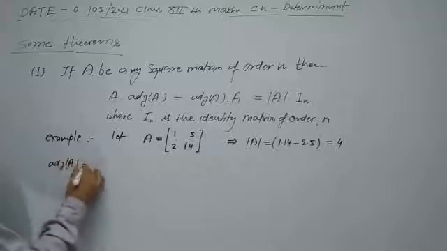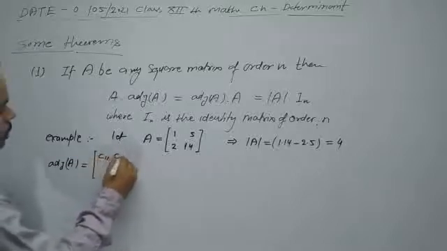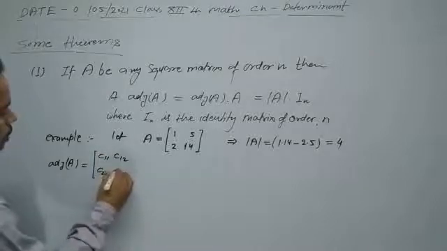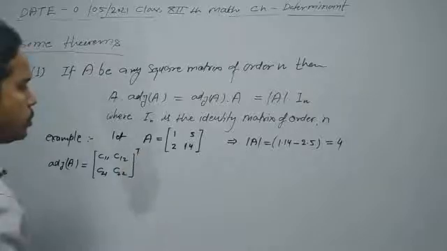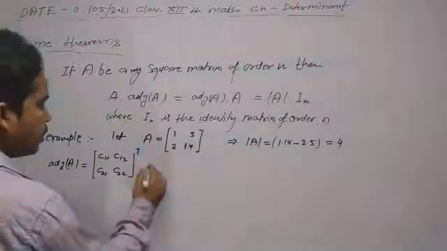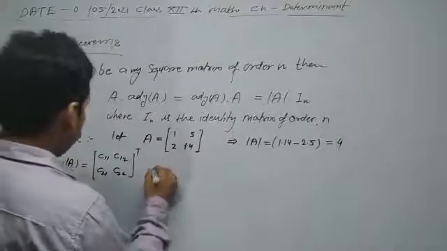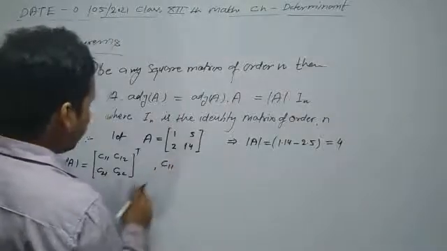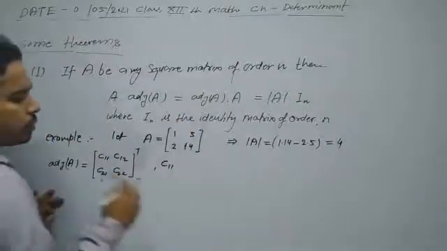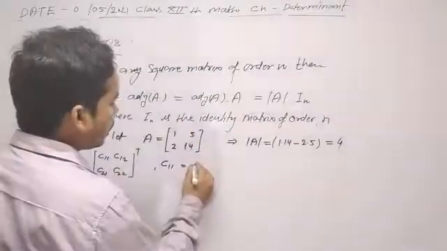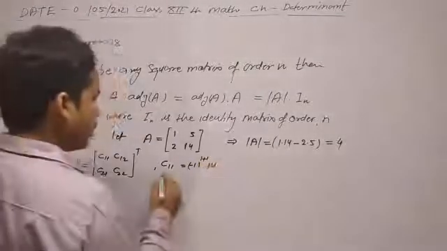Adjoint of A is equal to the transpose of the matrix of C11, C12, C21, C22. C11 means delete the first row and first column: minus 1 to the power 1 plus 1 into 14, which is 14.